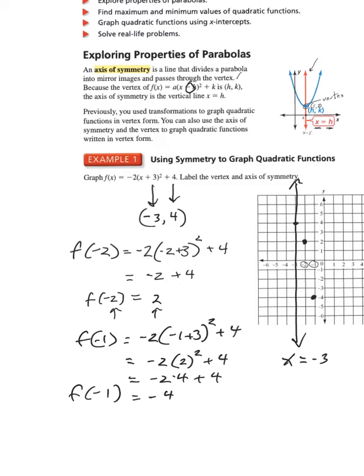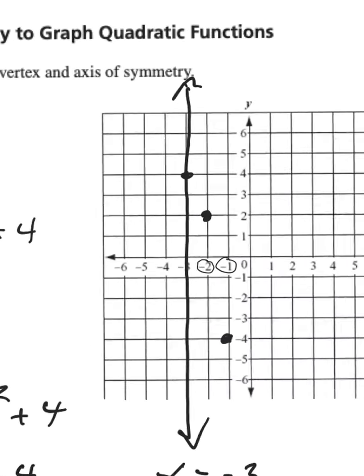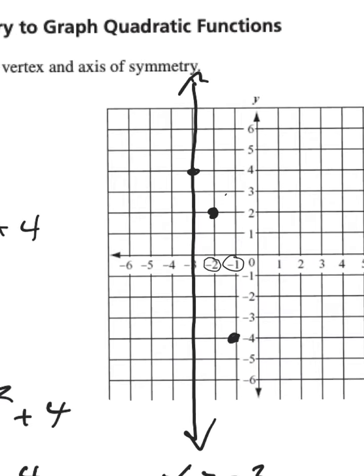In the old days, I had you calculate, we would be transforming 5 points, but I just had you do 2. Why did I do 2? It's because the axis of symmetry splits this parabola directly in half, which means that if this point here is 1 to the right of the vertex, then there should be another point 1 to the left of the vertex.